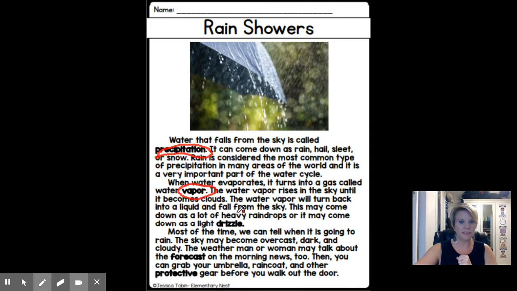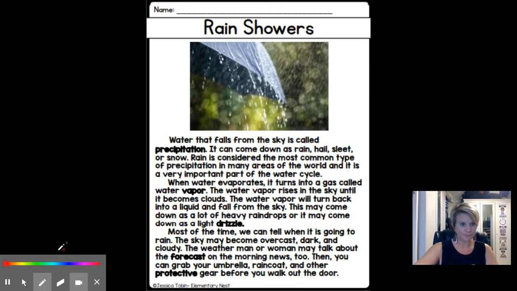So all these words that you see that have this dark, bold print, sorry, Miss Yow's not a very good circler with my mouse there, but those are the words we are going to be using to find out what they mean, and we're going to use the context clues surrounding them to find the definitions or to find out what the word means.